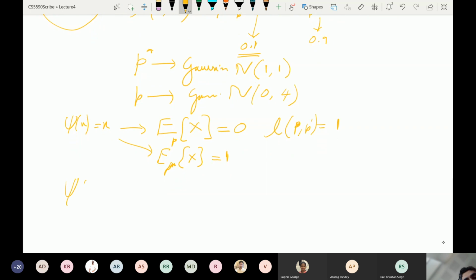Now let's take the other loss function induced by the x square function. For that I have to compute the expectation of x square when the distribution is p.